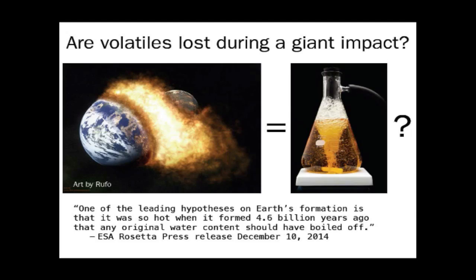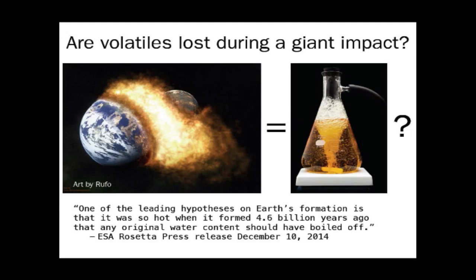And Rosetta gathered some lovely data on the deuterium to hydrogen ratio of a Jupiter family comet and commented that the puzzle of where the water came from and the origin of the Earth is related to the idea that we would have lost all of our water. So do we think of these energetic events like a hot plate and a beaker and a vacuum pump? If you have this system in the lab, it will naturally remove, and very quickly remove, volatiles from a silicate melt. Is that an appropriately analogous system?